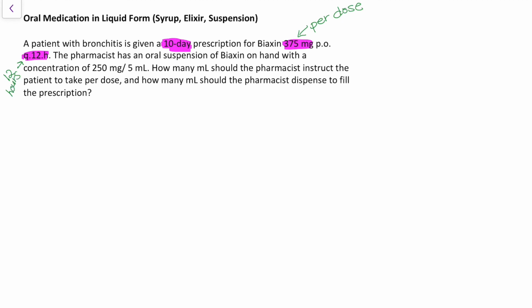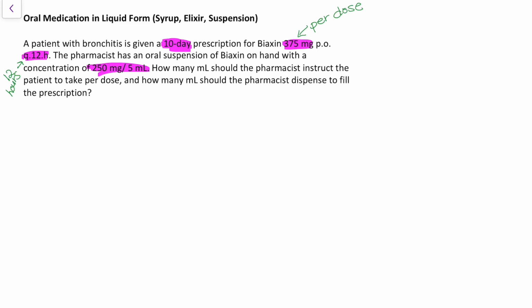The pharmacist has an oral suspension of this medication on hand with a concentration of 250 milligrams for 5 milliliters. So if they take 5 milliliters of this medication, they will get 250 milligrams of the medicine that they need. So how many milliliters should the pharmacist instruct the patient to take per dose? And how many milliliters should the pharmacist dispense in order to fill the prescription?